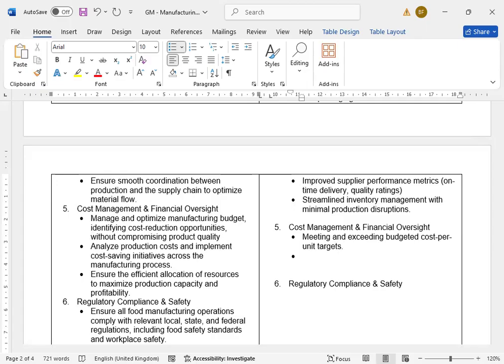Then another one would be continuous reduction in manufacturing cost. It's always important to maintain the cost as much as possible and reduce the cost.